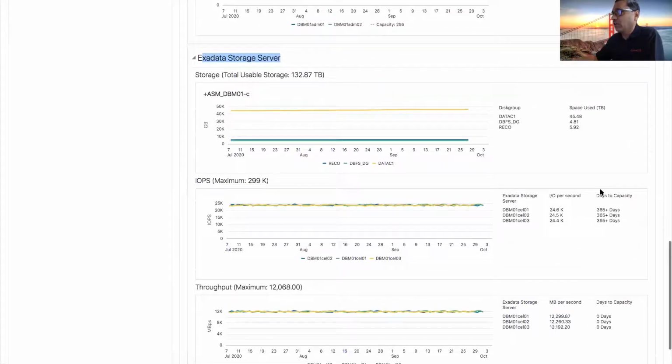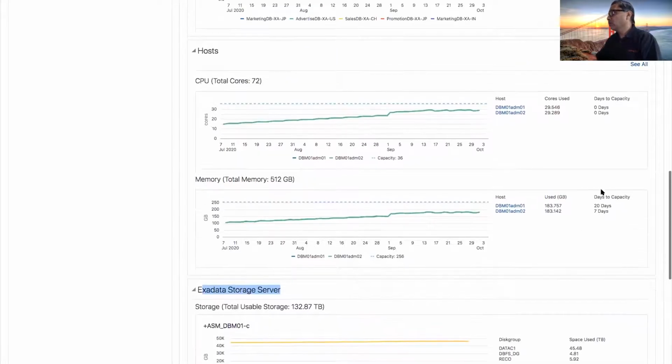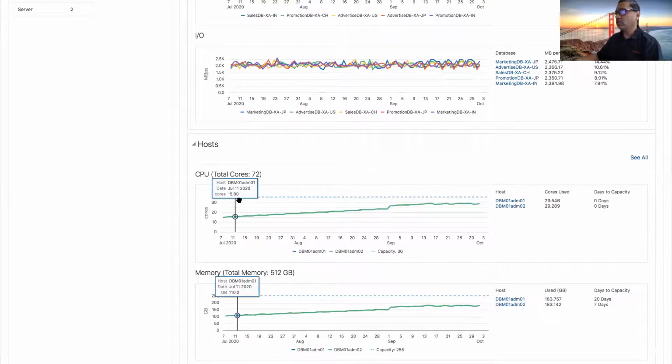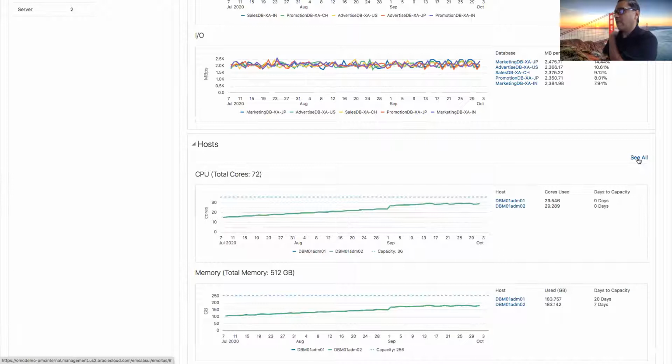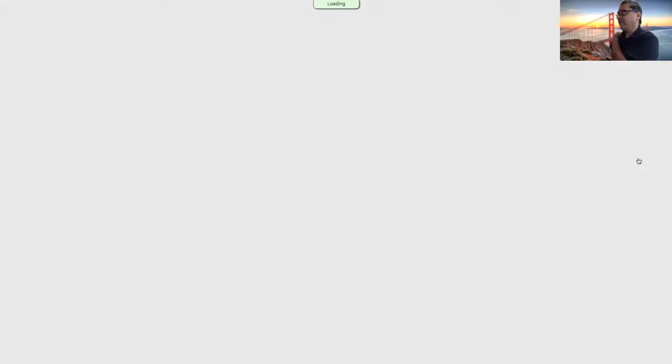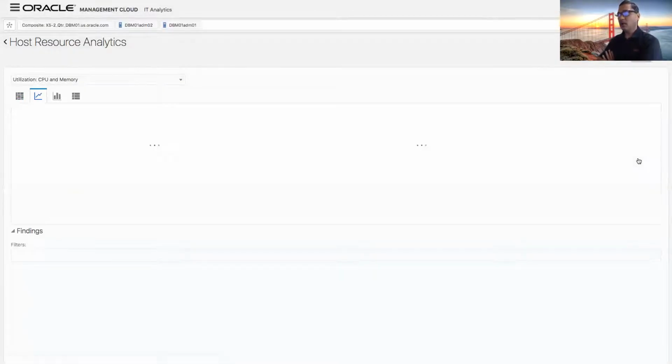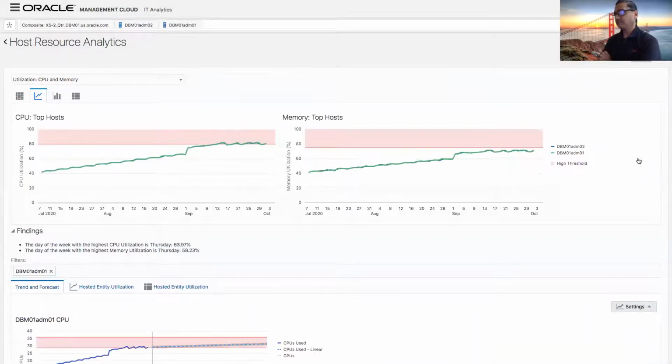IOPS, no issues here. So let's drill down into the host. As you can see, it's now already breaching my capacity headroom line of 75%. So let's go into details of that.